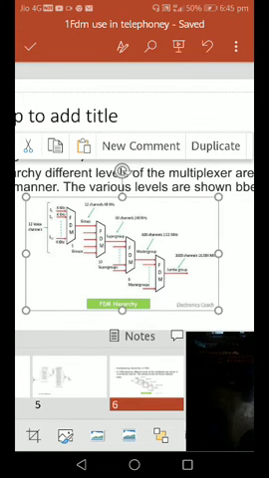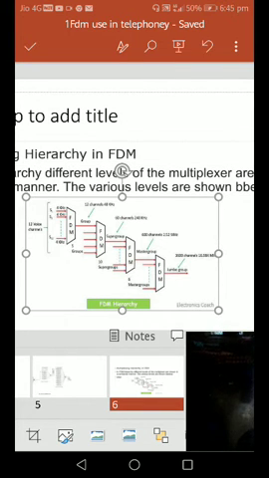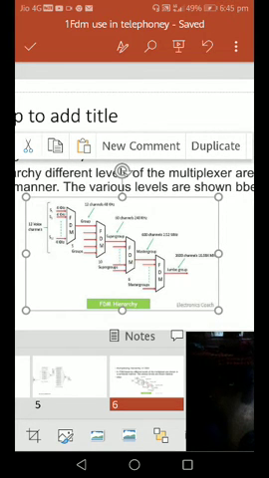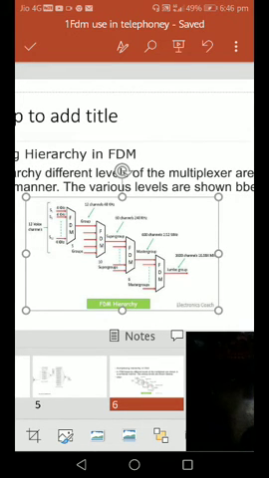Then the master group is again multiplexed with 6 master groups, 6 into 6, total equal to 600 into 6, 3600 channels. That output is called the jumbo group. Jumbo group is 6 into 600, 3600 channels, and the total bandwidth is equal to 16.984 megahertz. This is the way we increase the hierarchical structure.